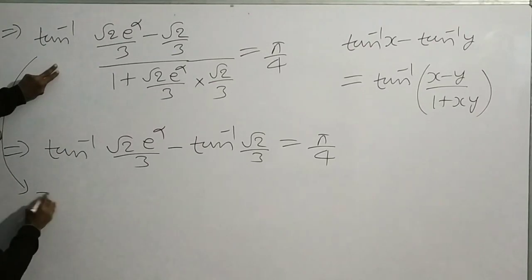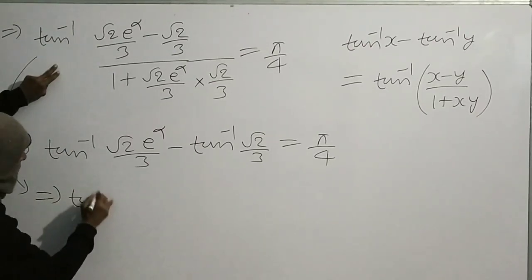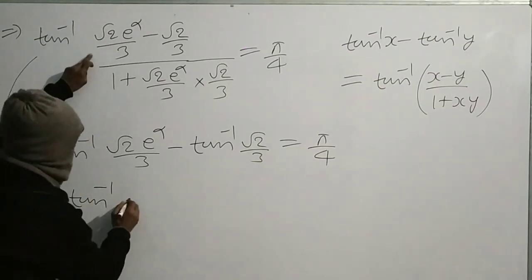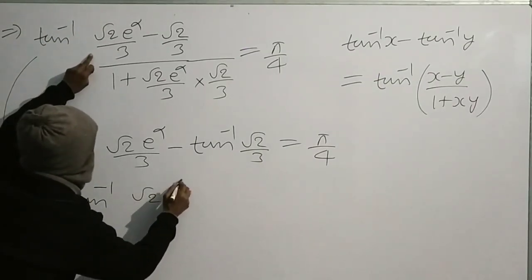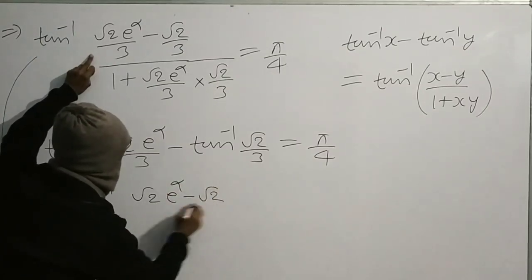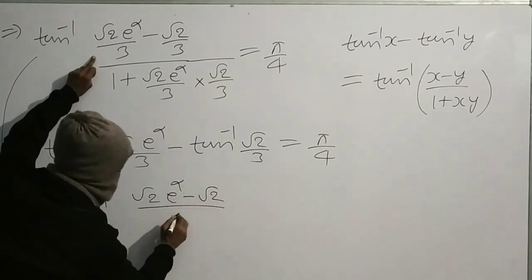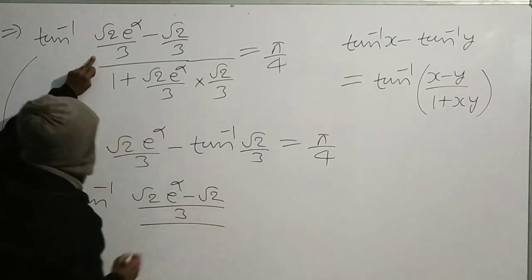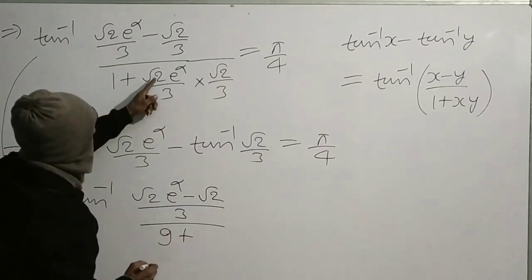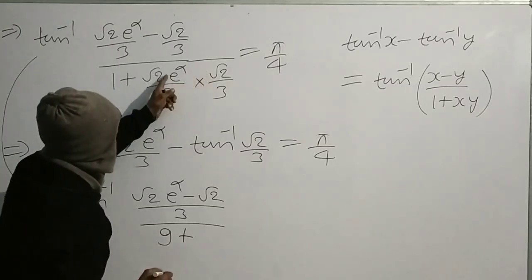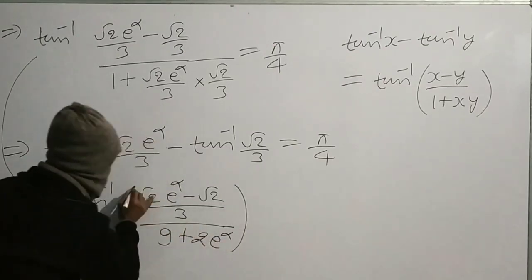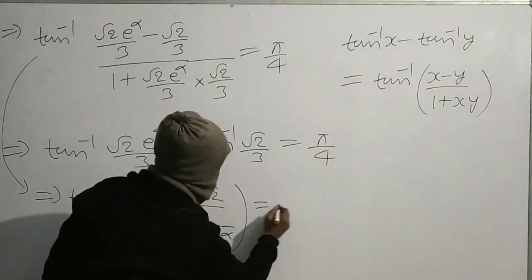This implies tan inverse root 2 e to the power alpha minus root 2 by 3 by 9 plus root 2 times root 2, 2 e to the power alpha is equal to pi by 4.